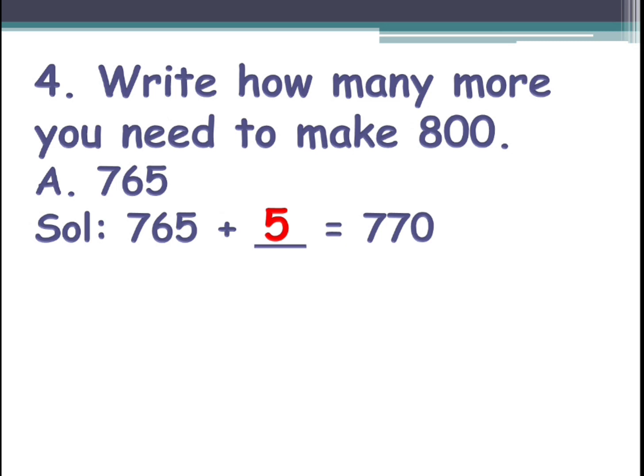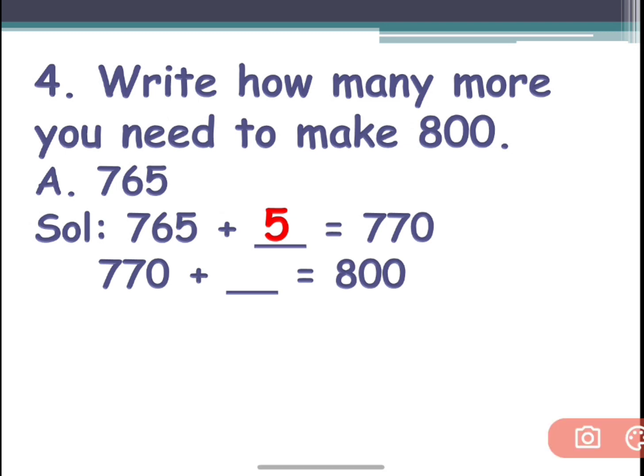Now this 770, you need to add something to make it 800. You have 70 here. How much more do you need to add? 30, isn't it? Just now we have discussed. So you need to add 30 so that it becomes 800.